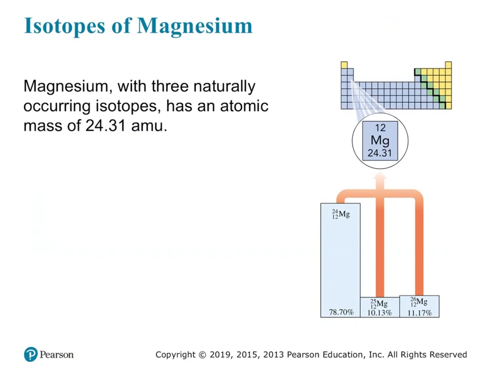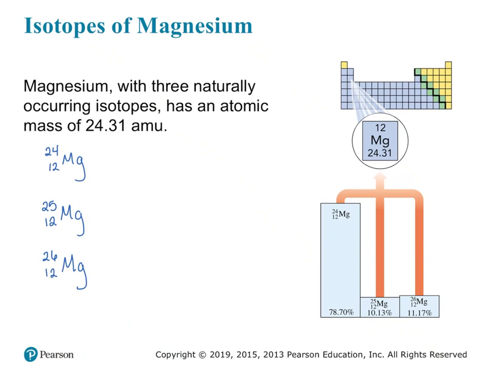So the first isotope is magnesium 24. So that atom or isotope of magnesium has a mass of 24. There's also magnesium 25, so that has 1 more neutron. And then there's also magnesium 26.